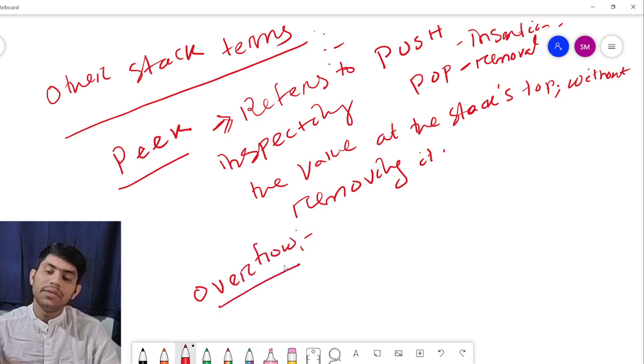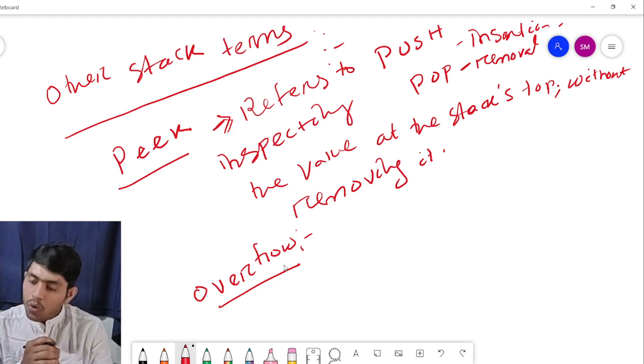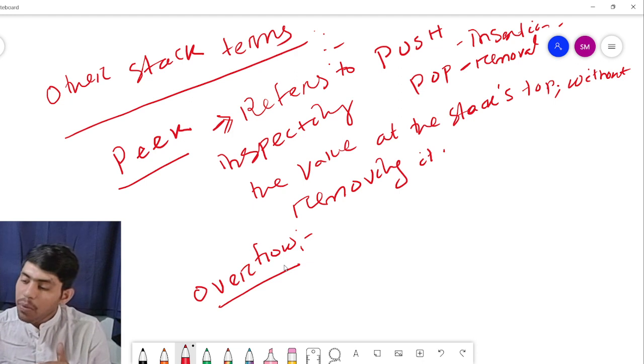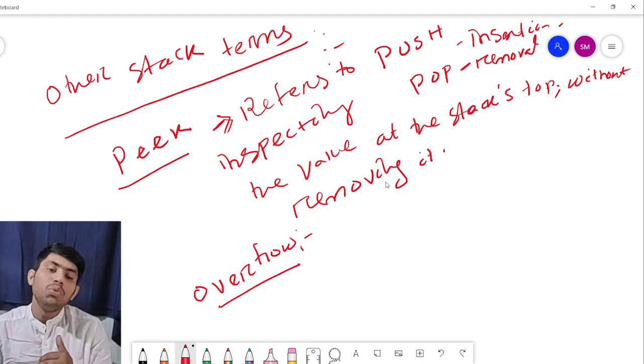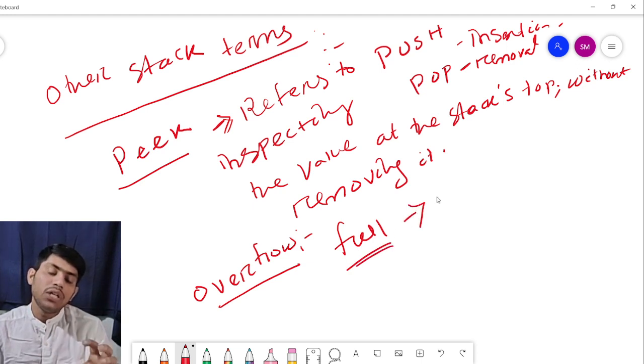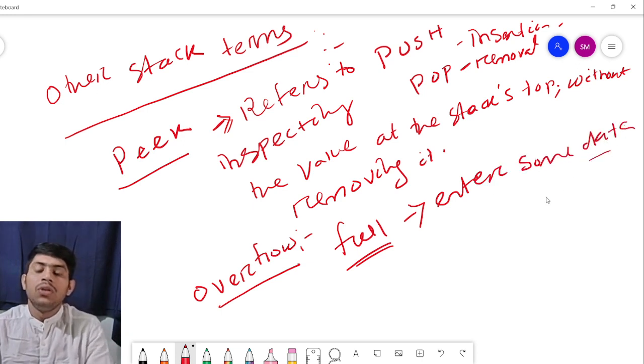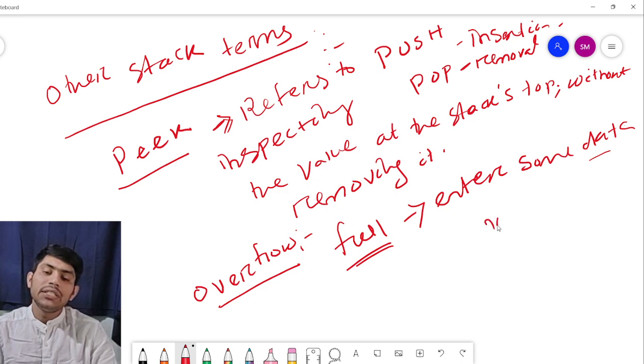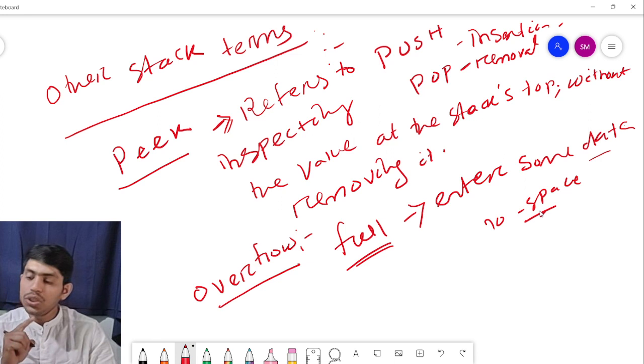Then overflow. Overflow refers to a situation or error when one tries to push an item into a stack that is already full. If anyone wants to enter some data, there is no space, so it is called overflow. This situation occurs when the size of the stack is fixed.